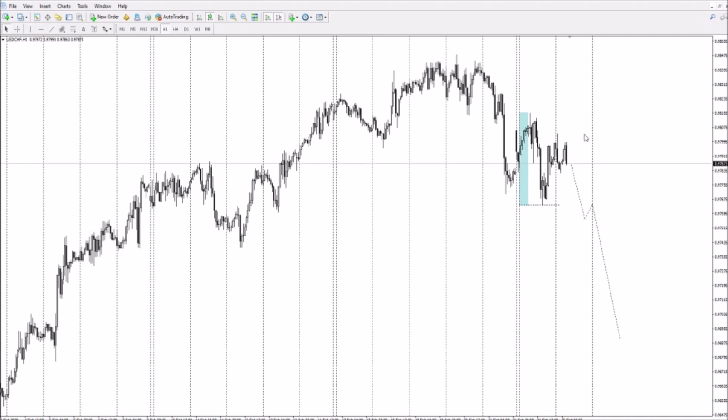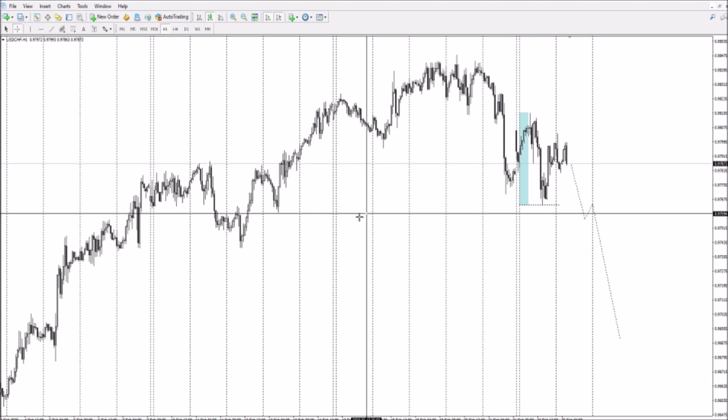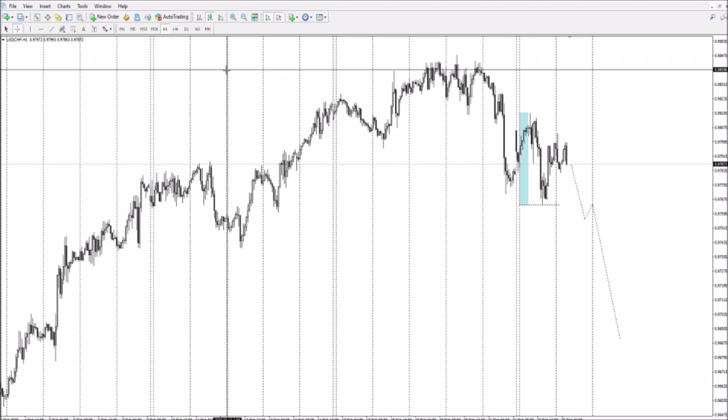Stop losses could be going above recent swing points, recent swing highs, so we'll see how this develops as we go on, but this is the level that I'm looking for. Break of that and continuation to the downside. So quite simple really, coming from the higher time frames and just breaking it down.